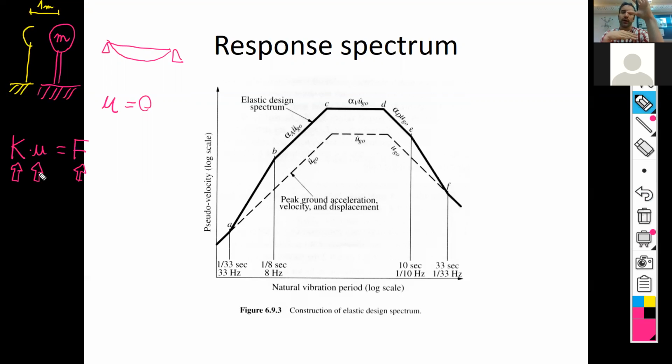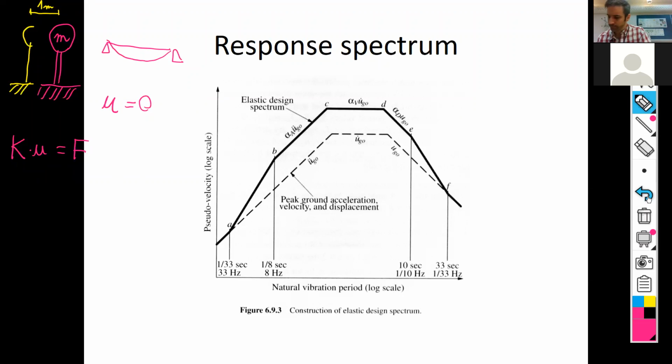We're not interested in how much it moved as a single piece, but we're interested in how much it deformed, okay? So that's why if the ground moves, but not the mass of the structure, well, then our structure is being deformed. And we want to obtain a measurement of that deformation, okay?